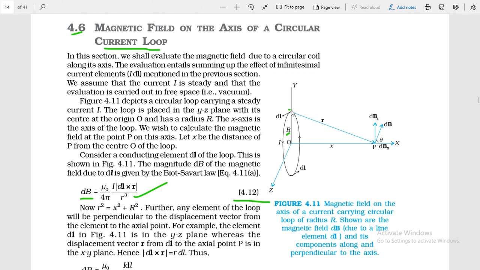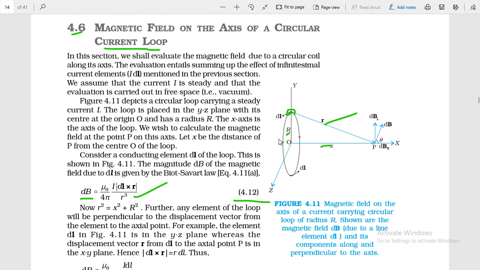Suppose we take this as the element dl. The distance of point P from this dl is taken as r, and the distance of point P from the center of the loop is taken as small x.